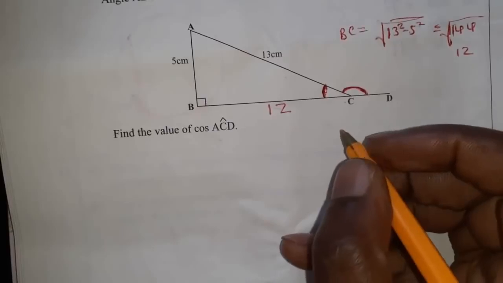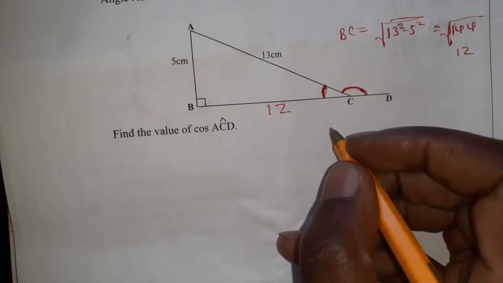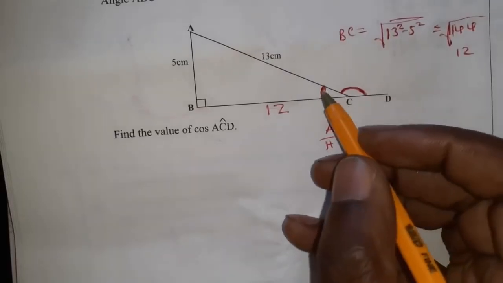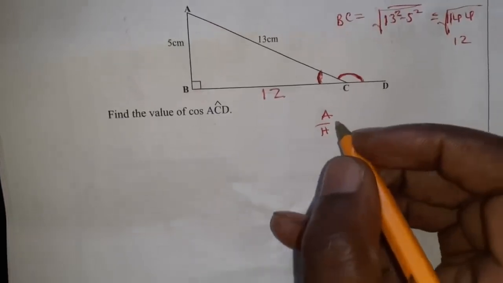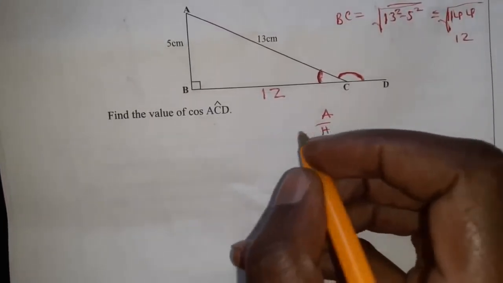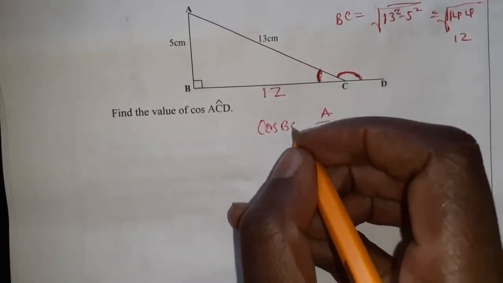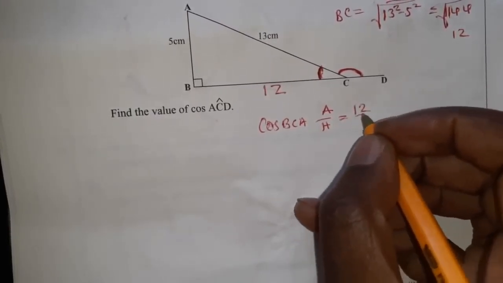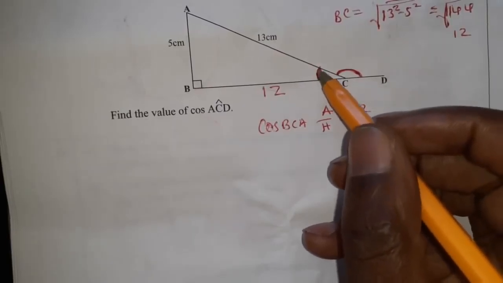Cos is equal to adjacent over hypotenuse, isn't it? So what is our adjacent here? We start with cos BCA. It's going to be equal to 12 over 13.